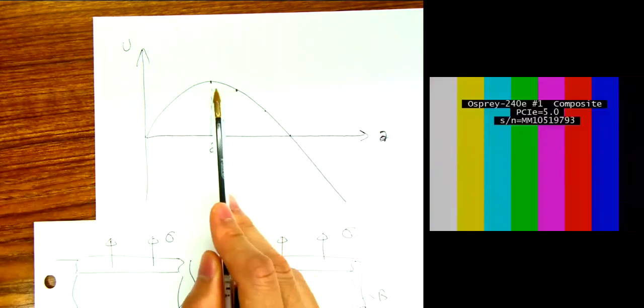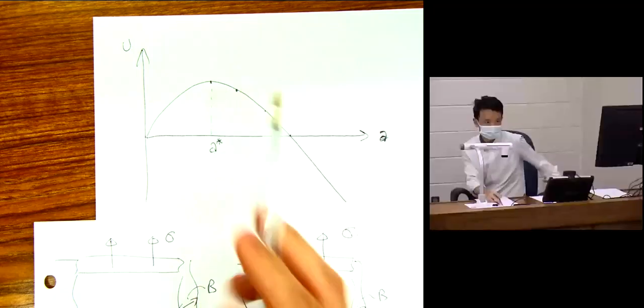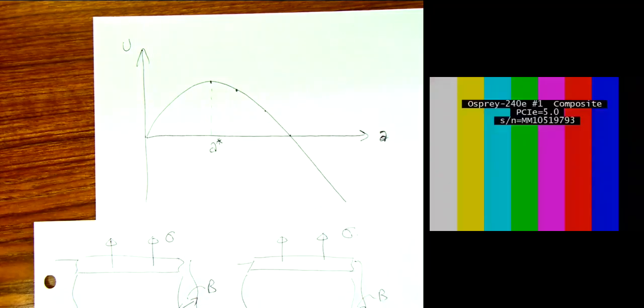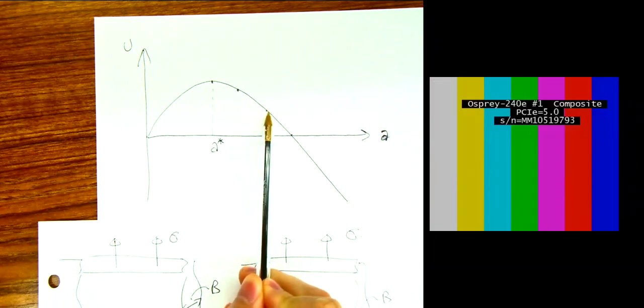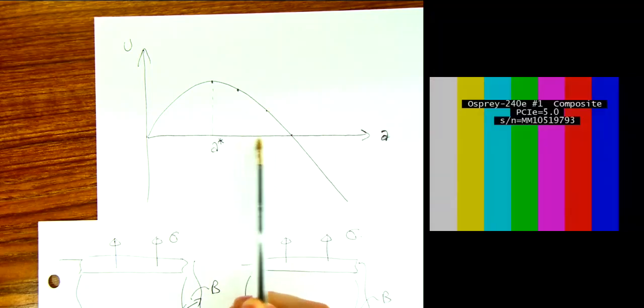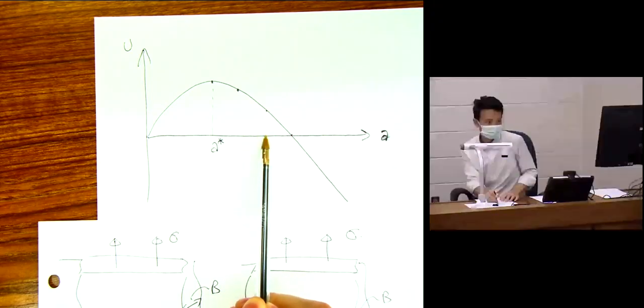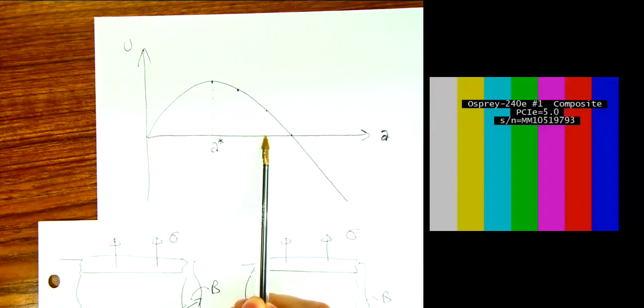Because to do that, I need more energy, right? And this is from a dynamical system. It wants to go to a lower energy level. So it's going to go this direction. And that means what? It's going to crack. It wants to increase in crack length because that gives the total potential energy or the free energy a smaller value.